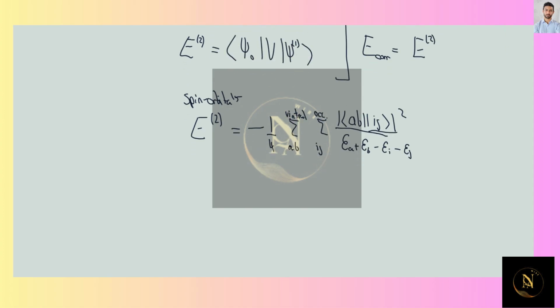If you are not familiar with this double bar notation, essentially what this means is that <ab||ij> would be equal to <ab|ij> minus <ab|ji>. Okay?